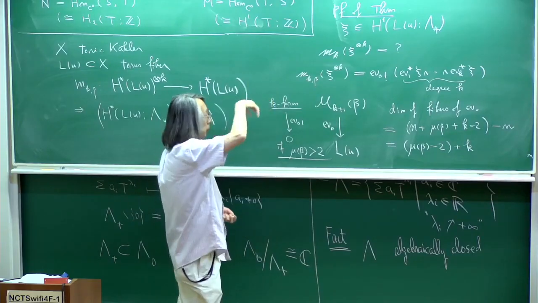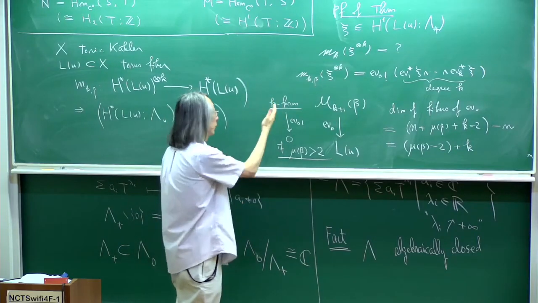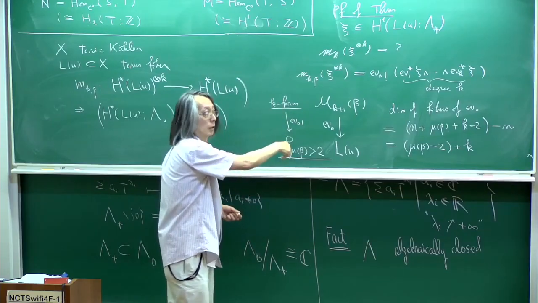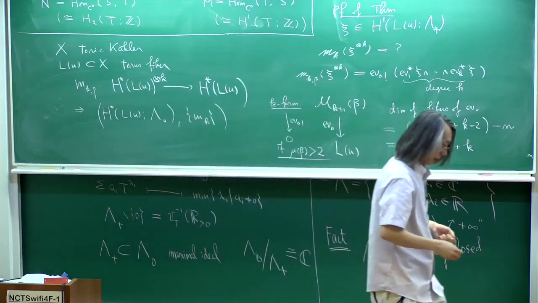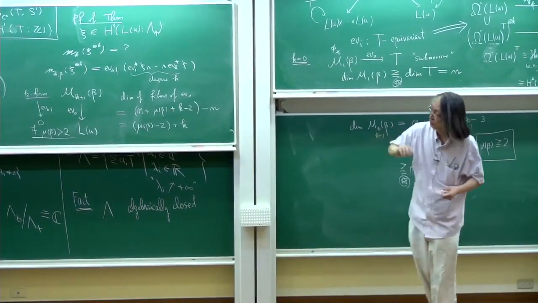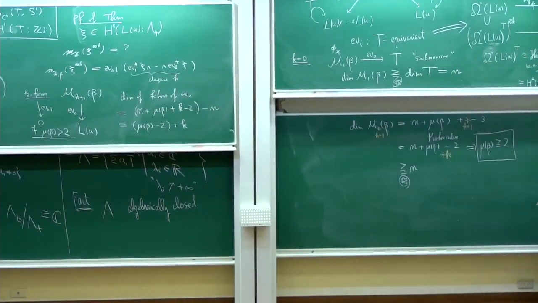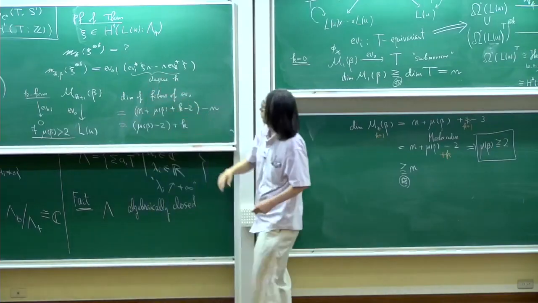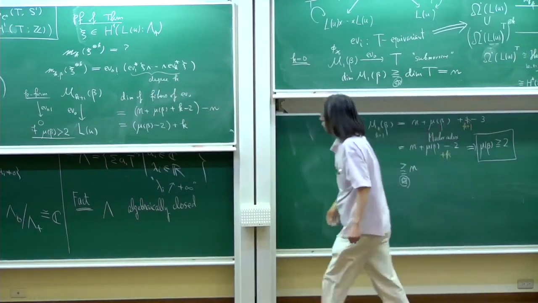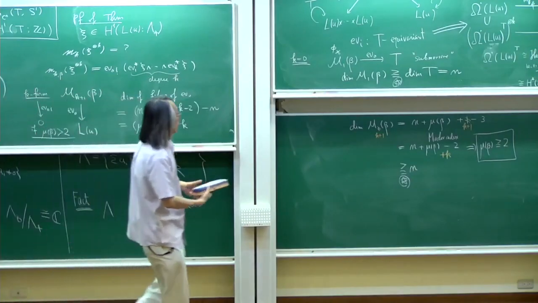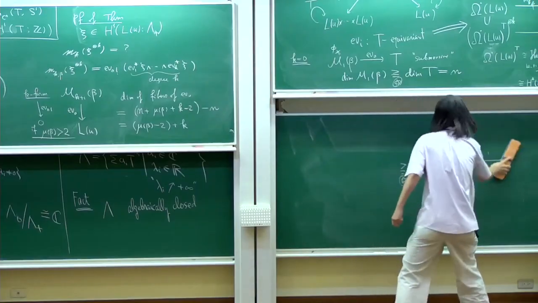So if the dimension of the fiber is more than k, then it dies. So therefore, the only case which actually remains is mu beta equal to 2. Because mu beta is at least 2, and if mu beta is bigger than 2, it dies. So this is only coming from the contribution from mu beta equal to 2.